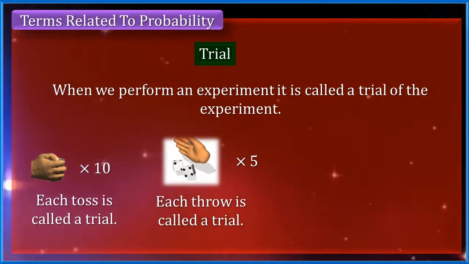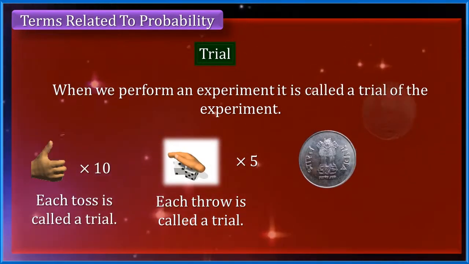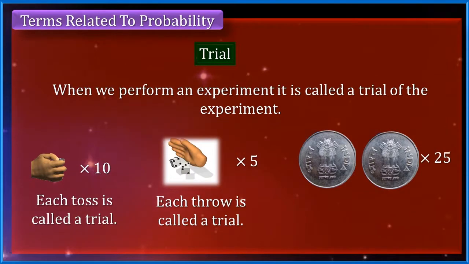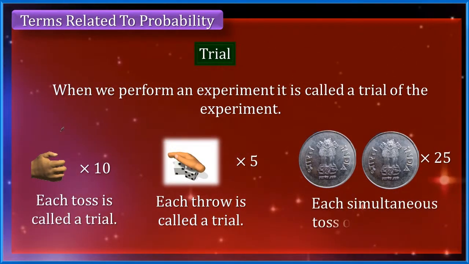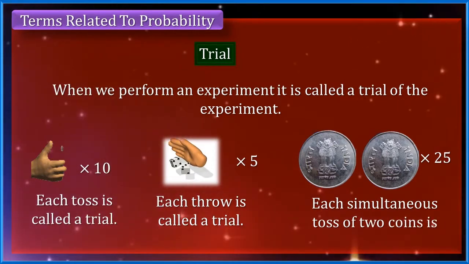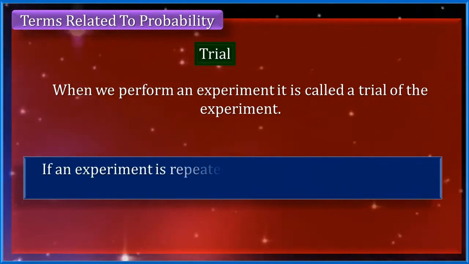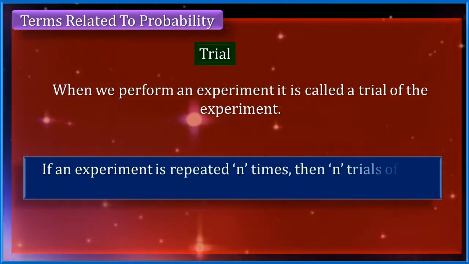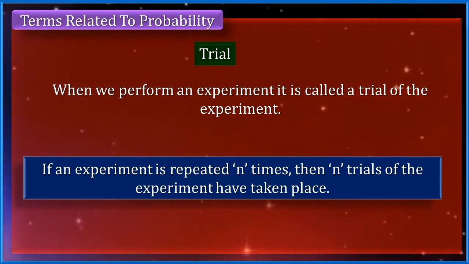If the experiment of tossing 2 coins simultaneously is repeated 25 times, then each simultaneous toss of 2 coins is called a trial. Clearly, if an experiment is repeated n times, then we say that n trials of the experiment have taken place.